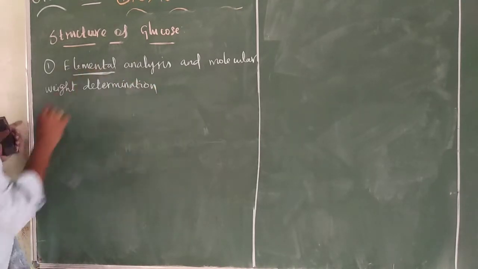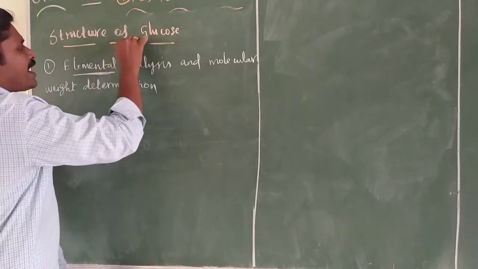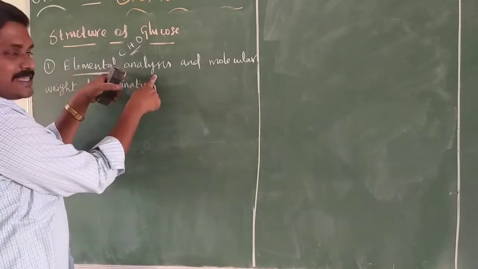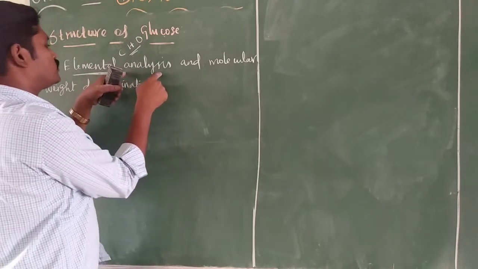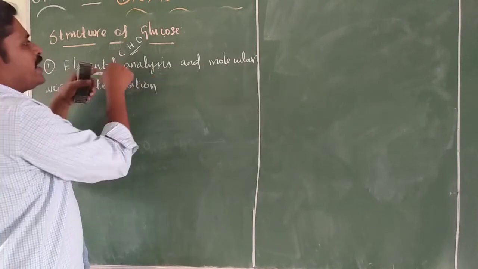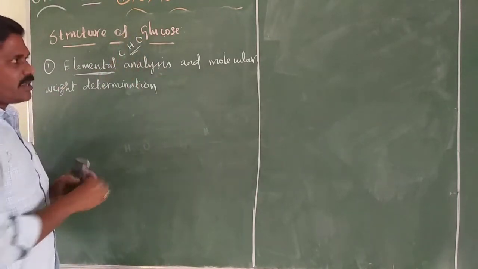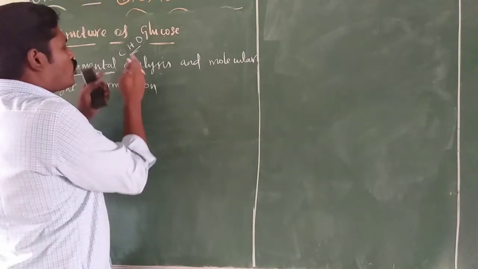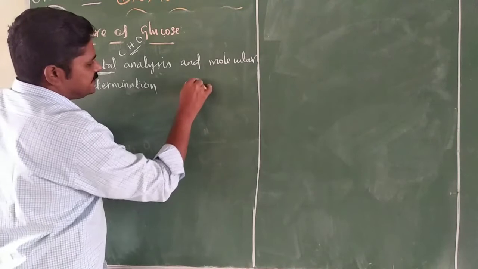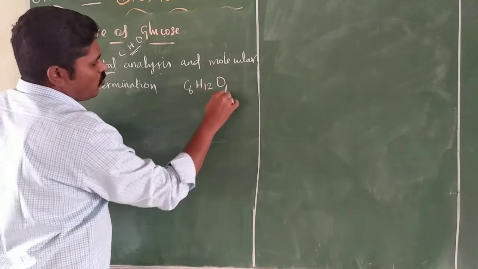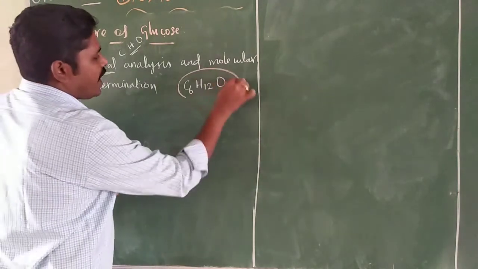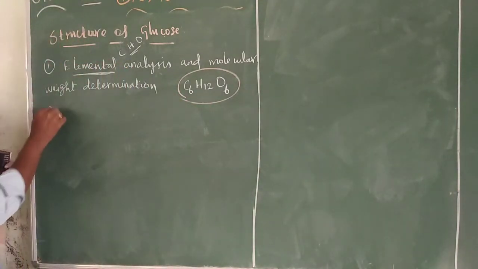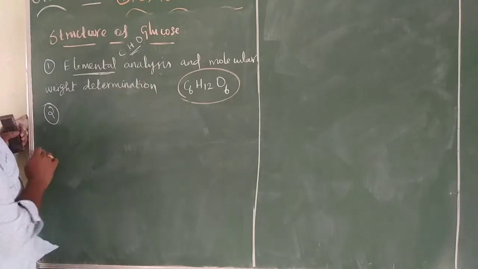Elemental analysis shows carbon, hydrogen and oxygen are present in glucose, and molecular weight determination shows that the molecular formula of glucose is C6H12O6.